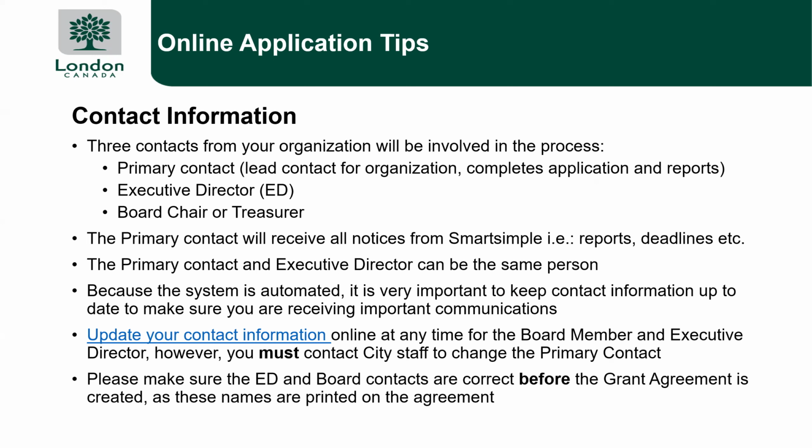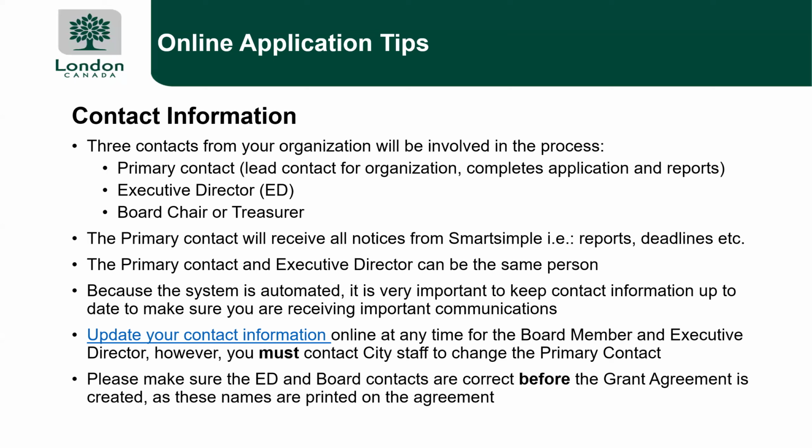You will also need to register the board member, either a chairperson or a treasurer, someone who has a signing authority. The executive director is on there as well. They don't necessarily have a role for logging in unless they're also the primary contact, but their information is needed because if we sign an agreement, their names have to show up on the agreement.